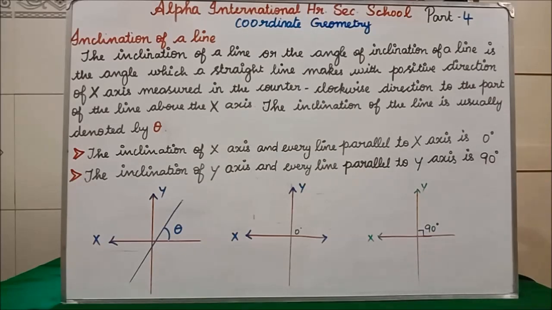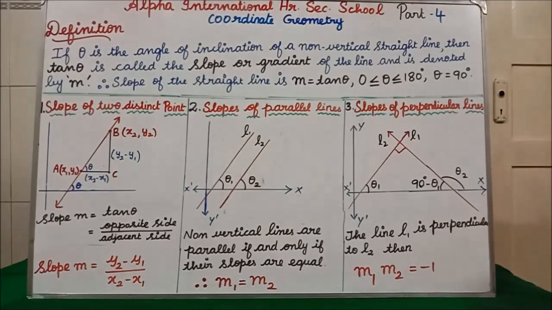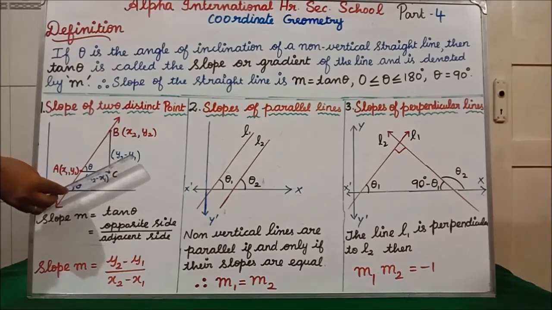Clear all of you? Next, we are going to see the definition of slope. If theta is the angle of inclination of a non-vertical straight line. I have told you how this line varies, so it is coming like this.